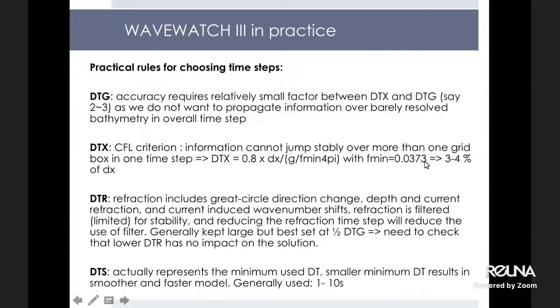There is a condition, it's usually 3–4% of delta X, but you can compute it properly with this little formula. Then there is a refraction time step that has to be chosen carefully when there are strong currents, for example. And then there is a source term time step, which is usually between 1 and 10 seconds, depending on the forcing.